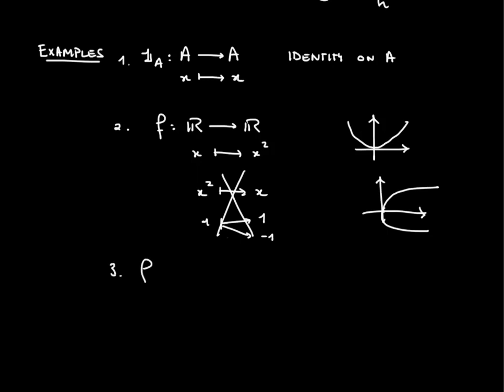another function, not f. I could define the function g to be the product of two sets of real numbers to one set of real numbers. So I could send the pair (x, y) to simply x, okay? And this would be what we call the projection of the plane onto the x-axis.